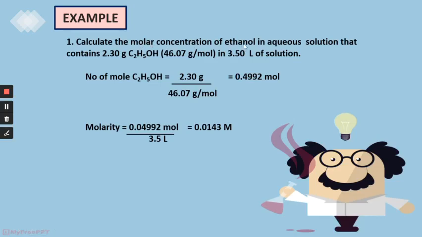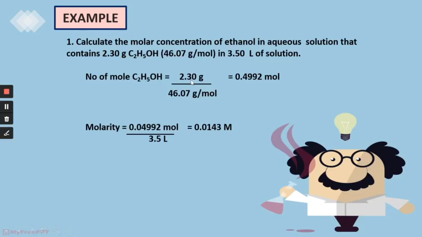So when it is molar concentration of ethanol, remember the general formula for concentration: amount of solute over amount of solution. So when it is molar concentration, the amount of solute will be in mole, and the amount of solution must be in liter. So to calculate the mole of ethanol, you just follow the formula: number of moles equals mass over molar mass.